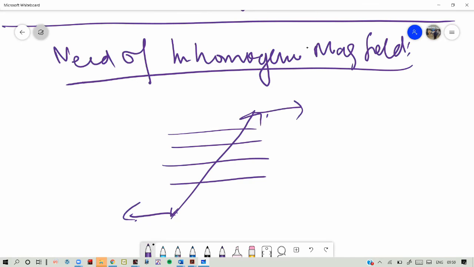When you have a homogeneous magnetic field, what will happen? The magnetic moment, the magnetic dipole, that is an atom, will experience a turning moment. Turning moment means torque. So it will experience a torque, but not a deflecting force. It will not be deflected, it will be turned.